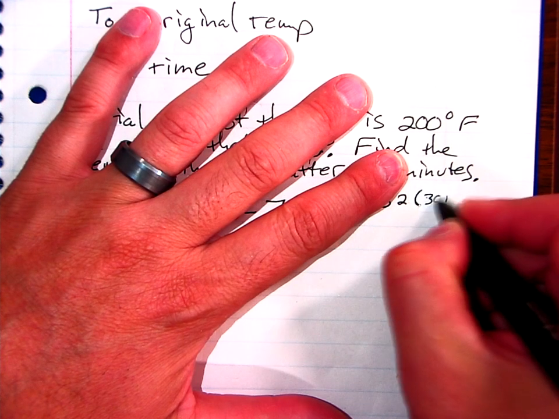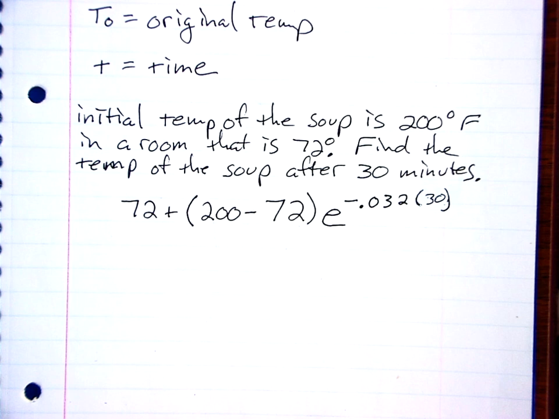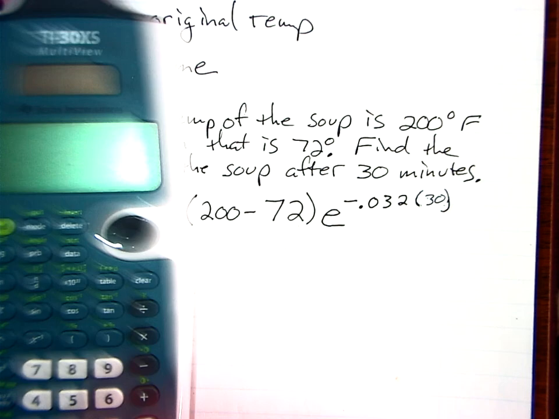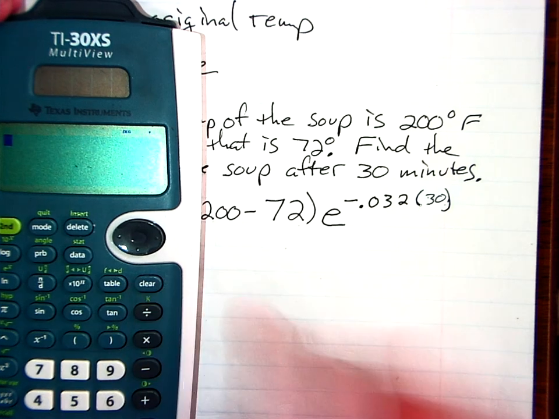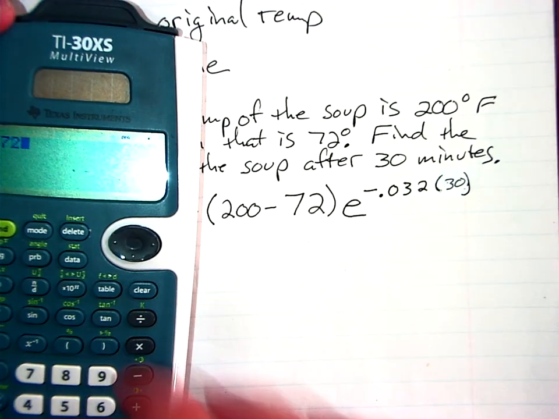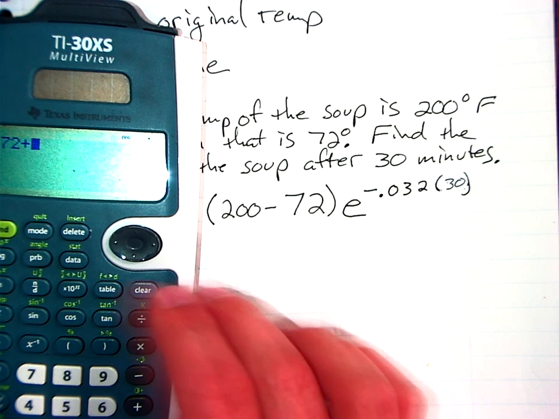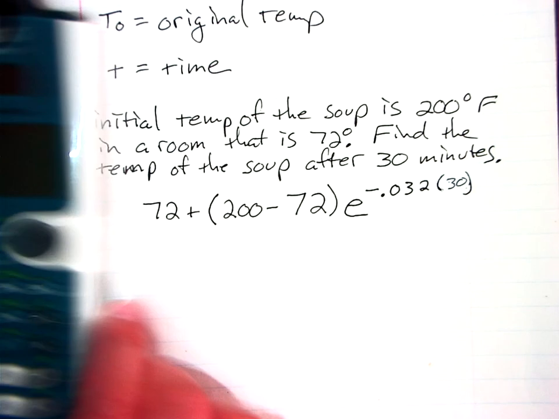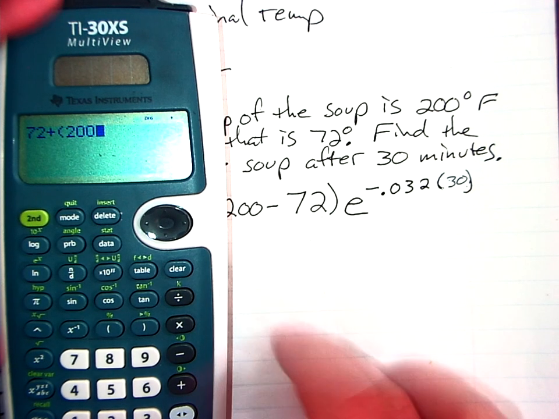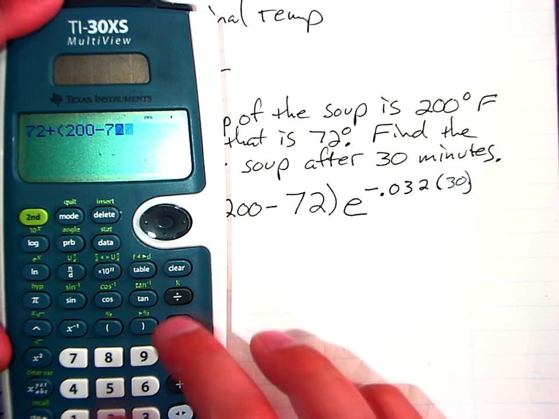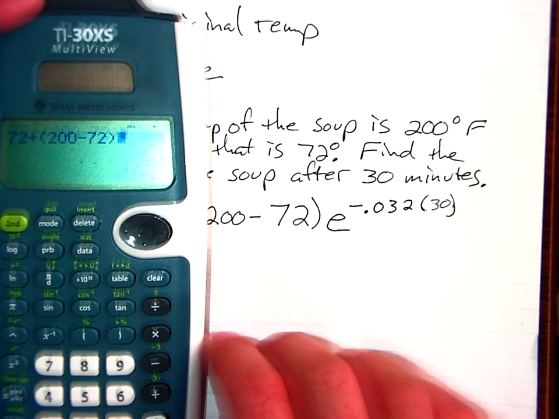All right, so pick up your calculator, please. All right, in my calculator, I'm going to put 72 plus parentheses 200 minus 72, close my parentheses.